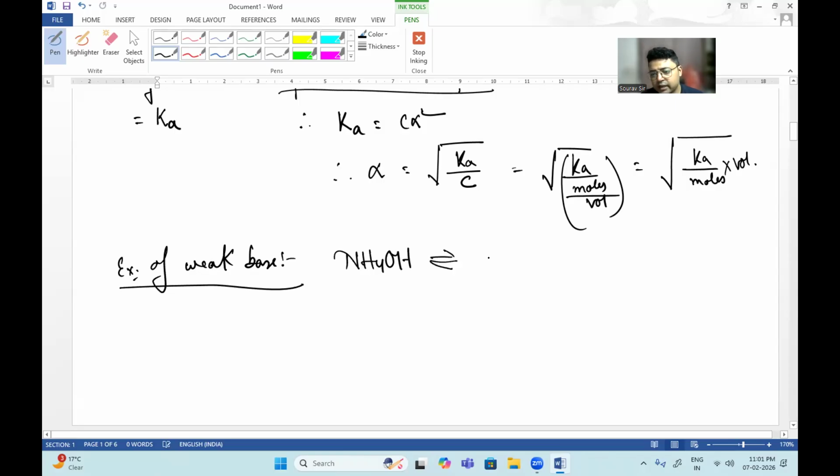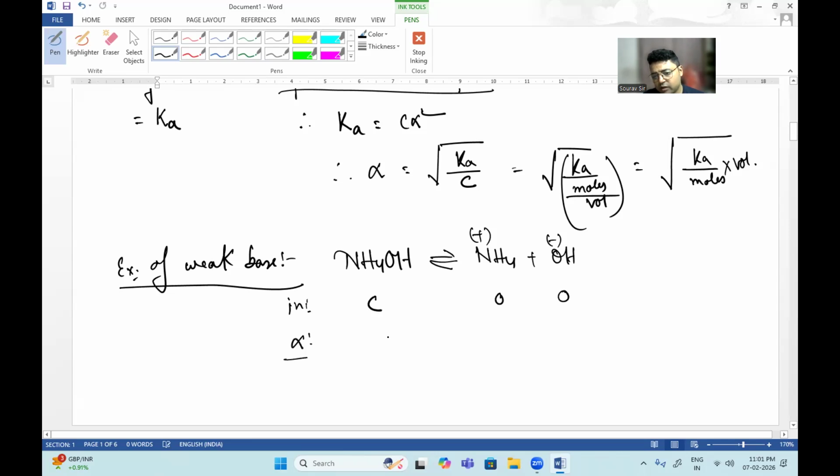It dissociates as NH4 plus and OH minus, and these will be in equilibrium with each other. We do the same thing: initially it will be C, 0, 0.